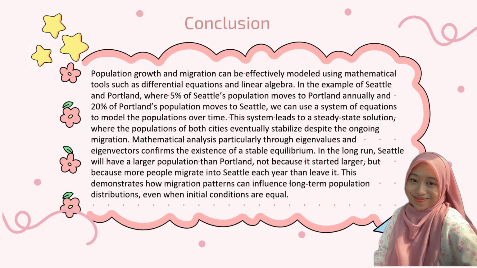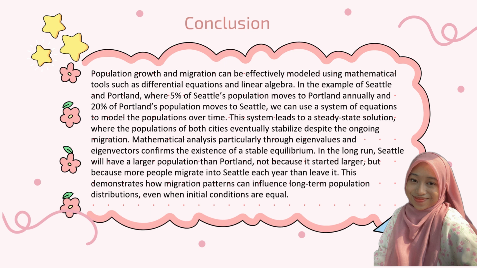We can model this situation using a system of equations that describes how the population changes over time. This leads us to a steady state solution where the population of both cities eventually stabilizes, even though people continue to move between them. By analyzing the system using eigenvalues and eigenvectors, we can confirm that a stable equilibrium exists.